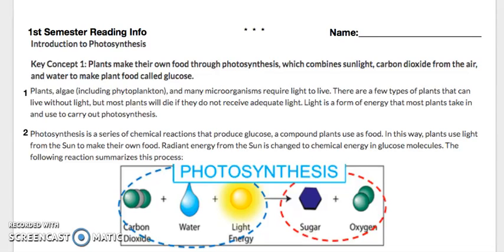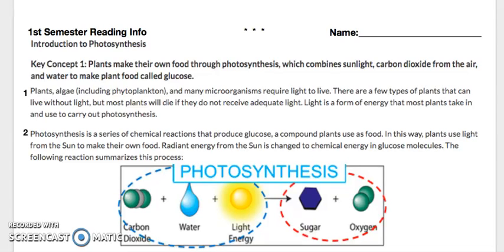Photosynthesis is a series of chemical reactions that produce glucose, which is sugar, a compound plants use as food. In this way, plants use light from the sun to make their own food. Radiant energy from the sun is changed to chemical energy in glucose molecules. Remember, molecules are very small particles that make up many things.